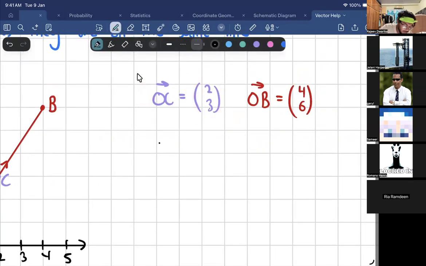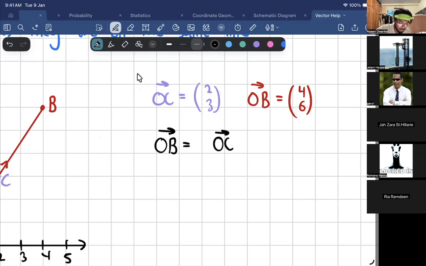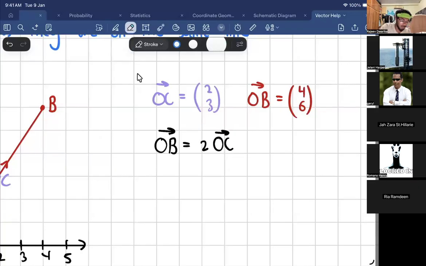So we could confidently say that O to B is 2 times OC. And can you prove this to them?